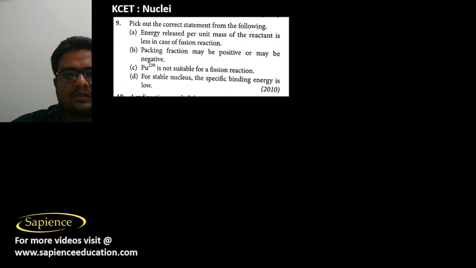Plutonium 239 is not suitable for a fusion reaction. For a stable nucleus, the specific binding energy is low. No, it is false. Specific binding energy should be high for a stable nucleus.